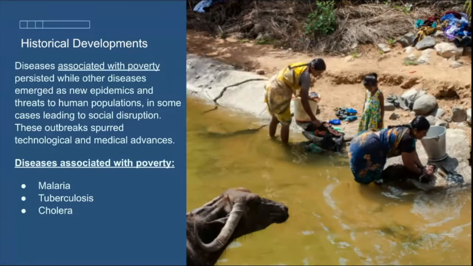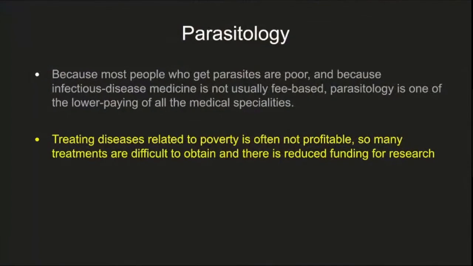So malaria, tuberculosis, and cholera are found in areas associated with poverty, with a weak economic system, with weak government, social assistance to the people, and these are diseases that break out as epidemics, and some of them are also endemic as well because they just persist over time in these societies.